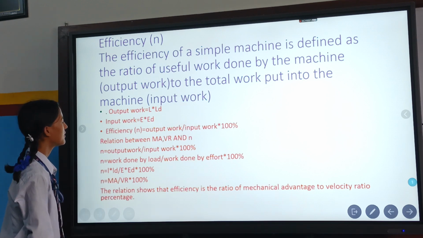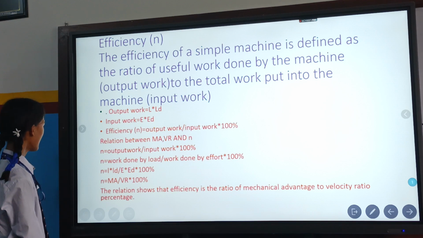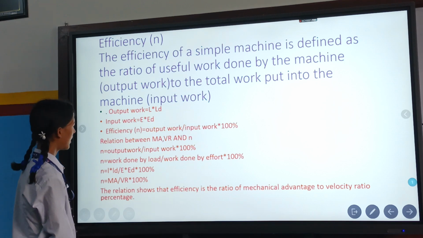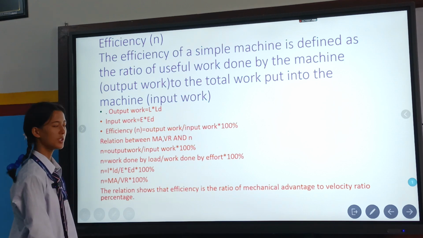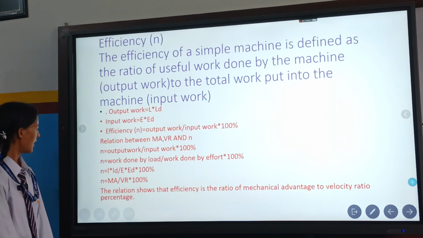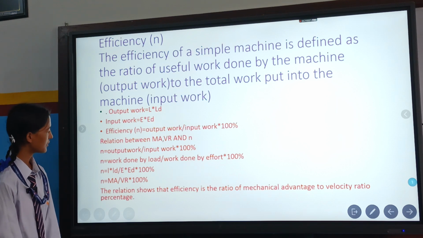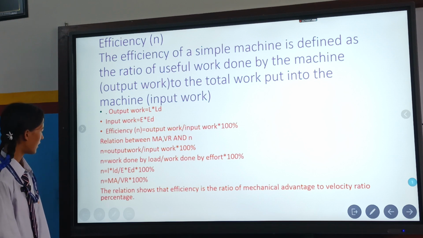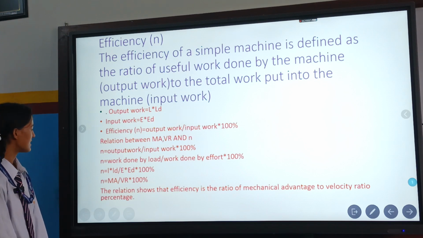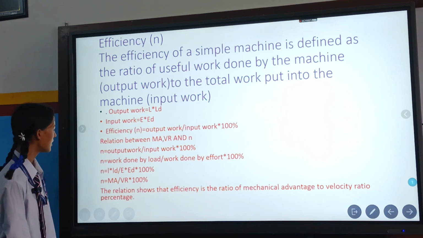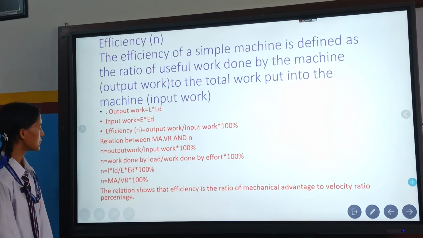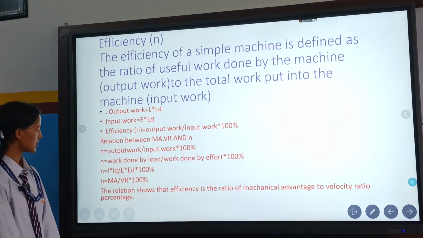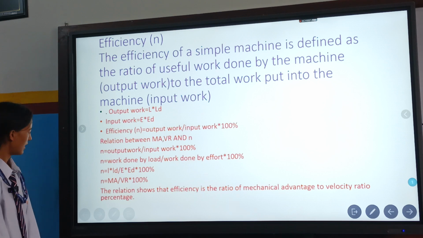Relation between MA, VR and efficiency: efficiency is output work upon input work into 100%, that is work done by load upon work done by effort into 100%, represented as L into LD upon E into ED, multiplied by 100%.